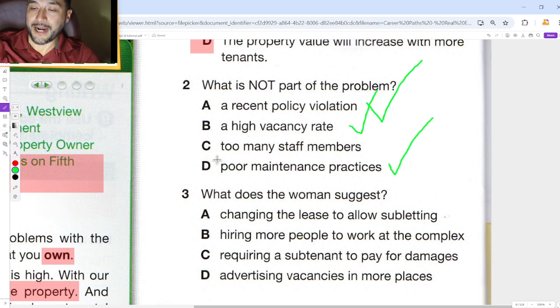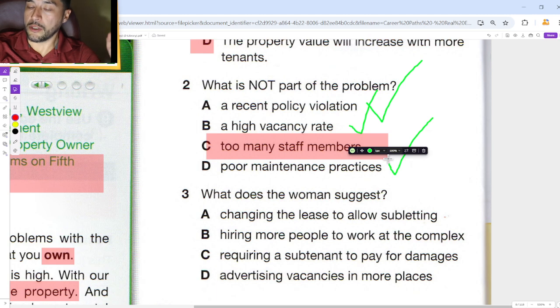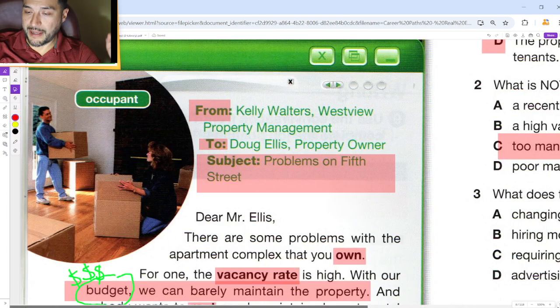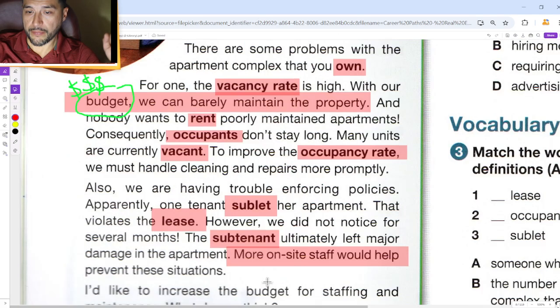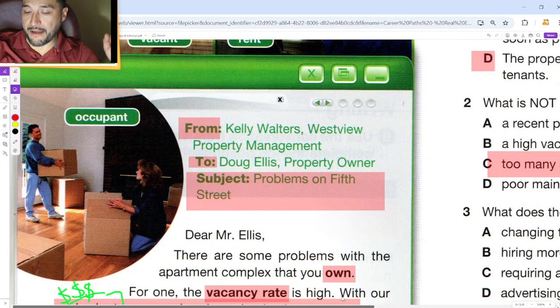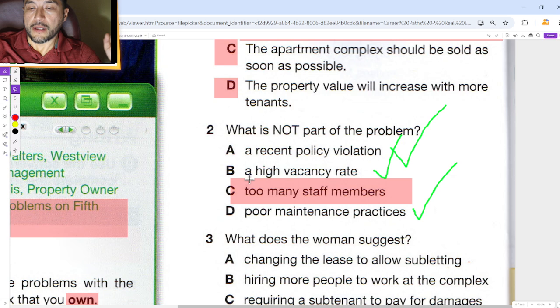Poor maintenance practices? Yep, they said we need to do a better job. Oh, this is the suggestion. This is not a problem. Too many staff members. More on-site staff would help. More staff would help. This is too many. Okay, we found it. So, letter C.